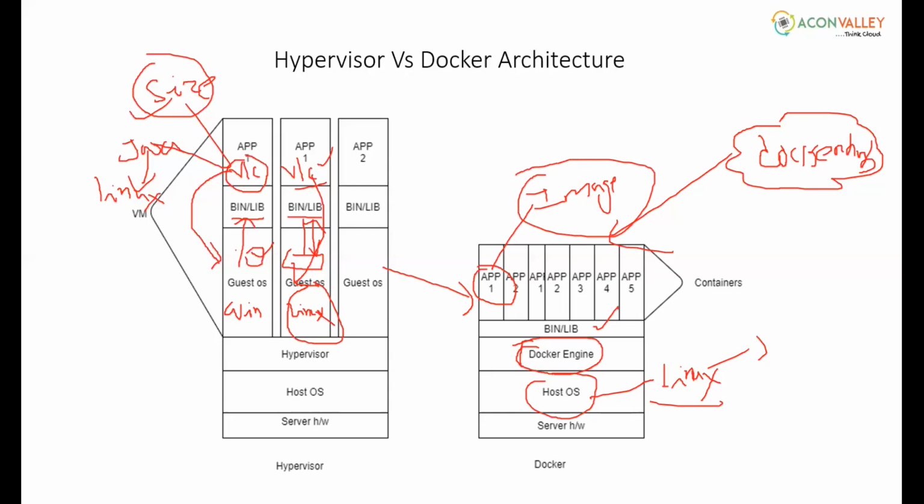That's why it consumes less disk size, like the VLC media player running on the Linux system. So Docker engine shares the common binary and library files with each container. It doesn't have to install a separate OS for each one.